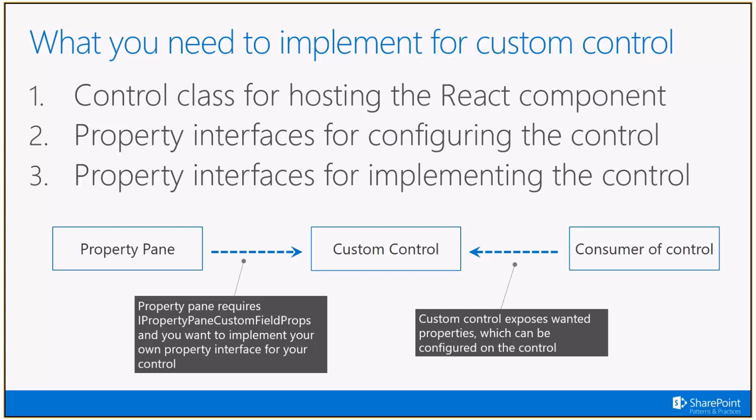That implementation will look slightly more simplified because you don't have to worry about the interface required for the property pane. That's what we meant during the introduction, when we said we'll start with the complex scenario, and from there we can further simplify if you don't use the custom control in the property pane context. Hopefully that made sense.